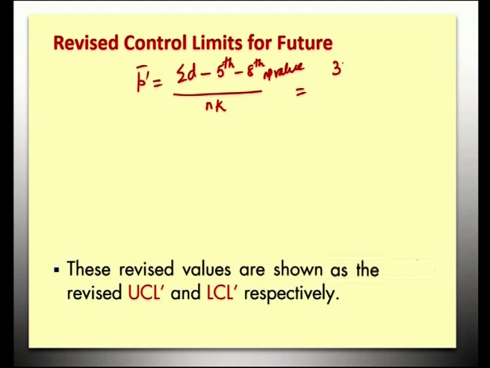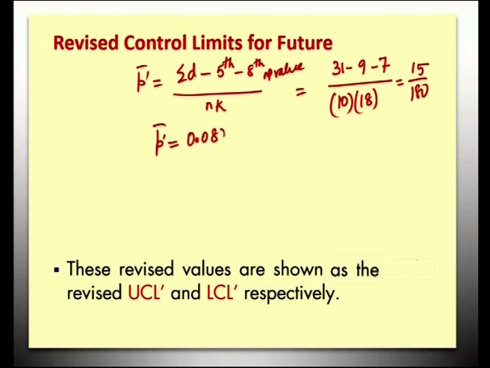That is 31 minus 9 minus 7 divided by the number of items in each sample, which is 10, that is not disturbed; the number of samples is disturbed, therefore out of 20 we have only 18. Okay. So, that is 15 divided by 180, and P bar dash comes to be 0.083.